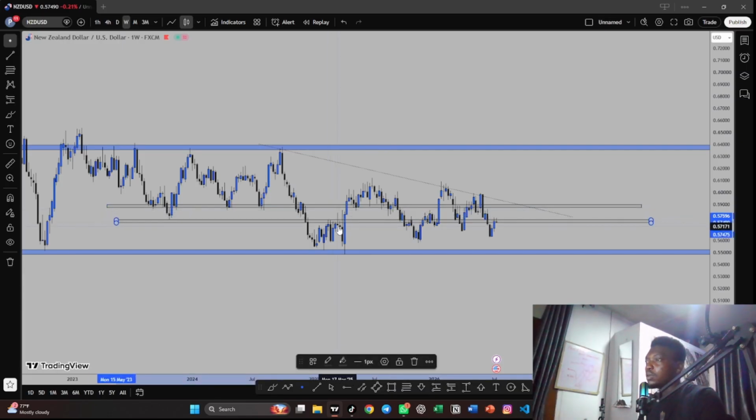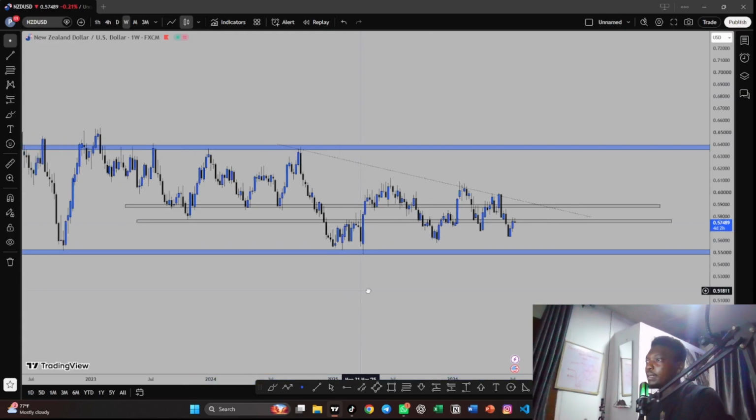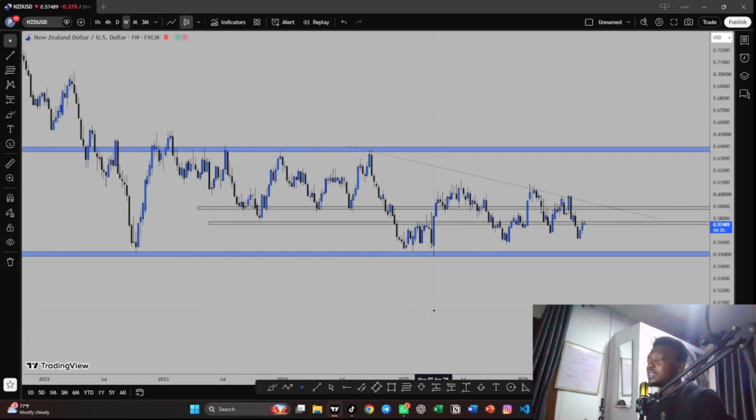because one thing I recently started doing is looking at the obvious levels. It is either on the daily or the weekly, but I'm taking the weekly as more important. The daily might just be for some slight adjustments. If it is clear on weekly, it is good.